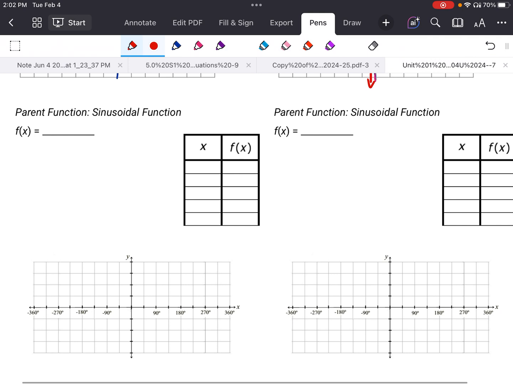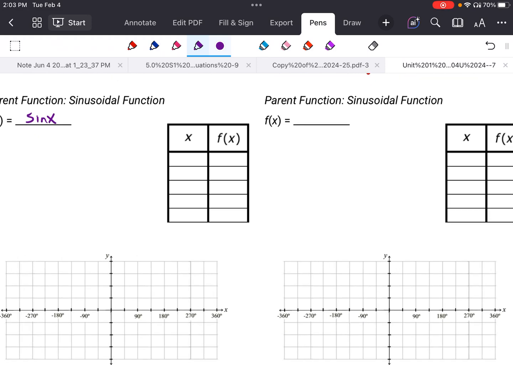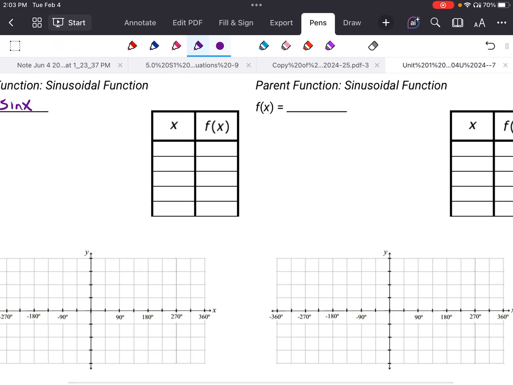And then the last two we learned last year, sine and cos. So we have sine x, and remember the x values here go by degrees: 0, 90, 180, 270, 360.